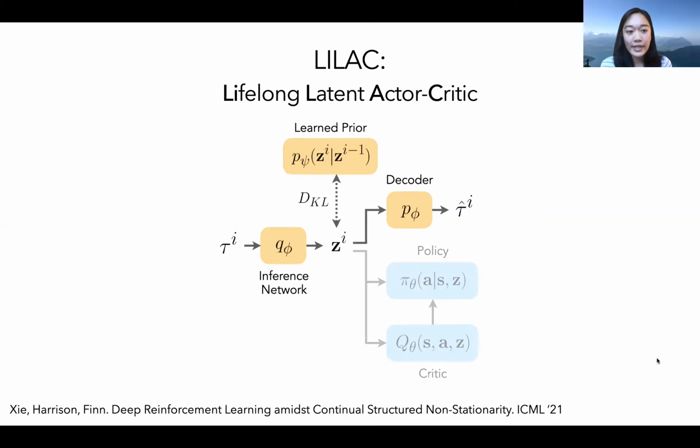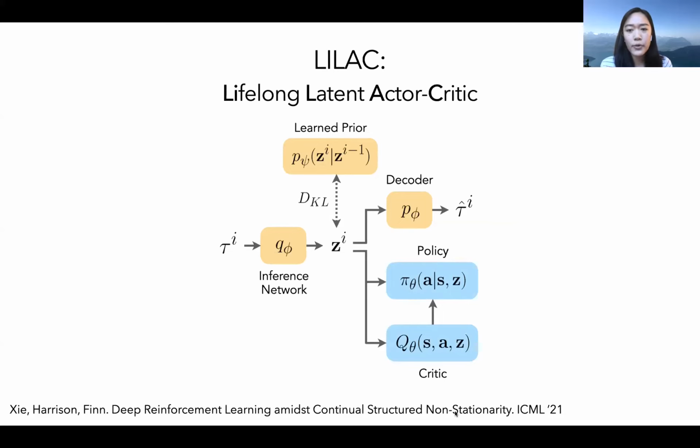To actually optimize this objective, we propose our algorithm LILAC. In LILAC, we're introducing this inference network that infers the task parameters given the trajectory, as well as this decoder network that reconstructs that trajectory. Since the prior P(z' | z) is unknown, we also try to learn that with a neural network on top of the representation.